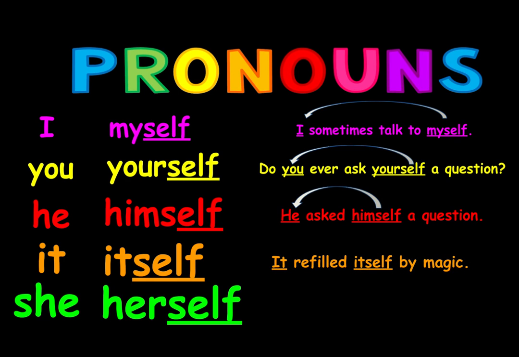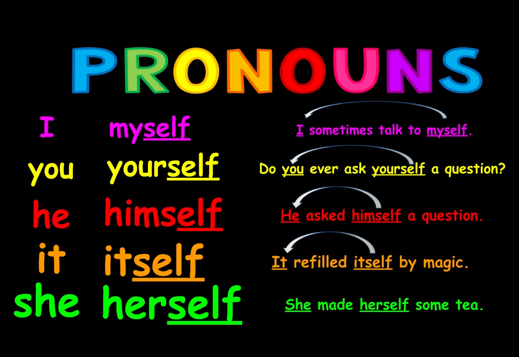It refilled itself by magic. We don't know exactly what that is, but it is the subject. What is it doing? It's refilling. And who's it refilling? Itself. So do you notice? It and itself. She made herself some tea.